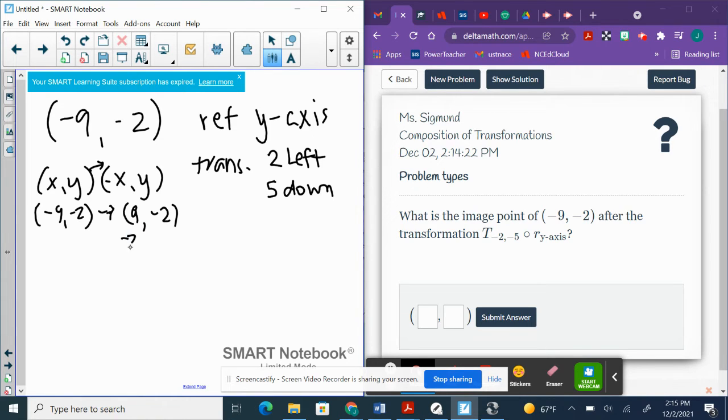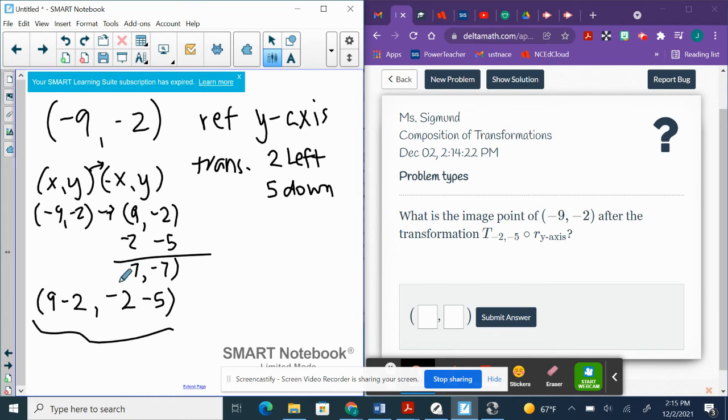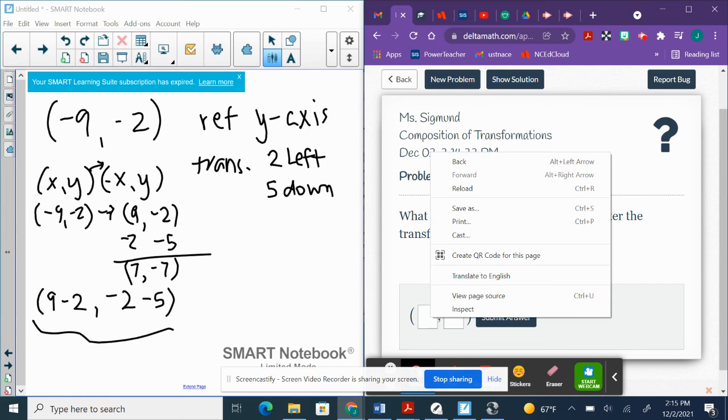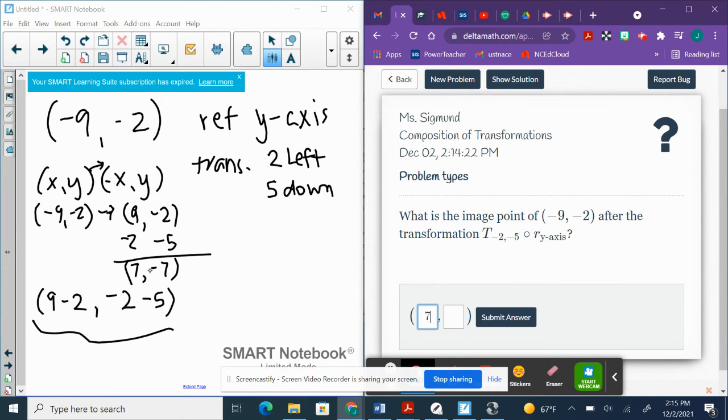So we're going to subtract 2 from 9. That could be written 9 minus 2, -2 minus 5 as well, because this is the notation you'll see a lot. But I like doing it up and down because it's just basic math at that point. So that's going to give me a 7 and a -7.